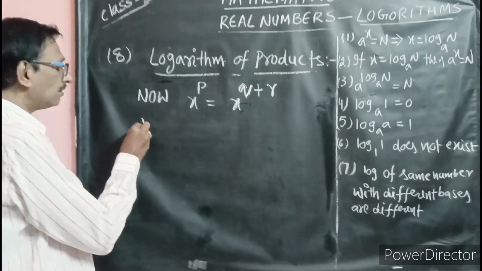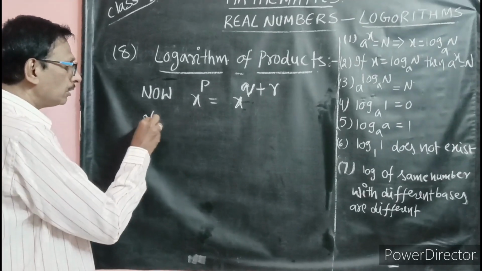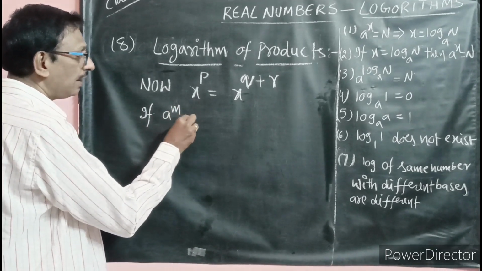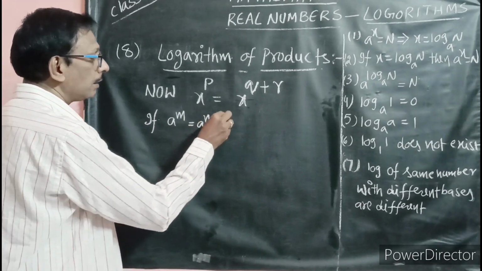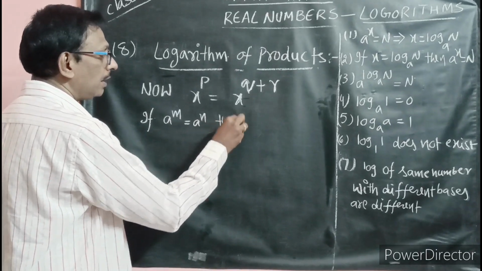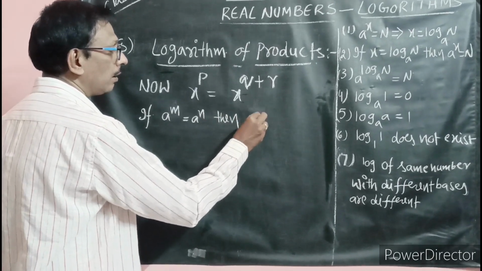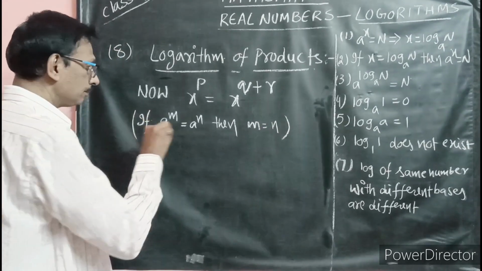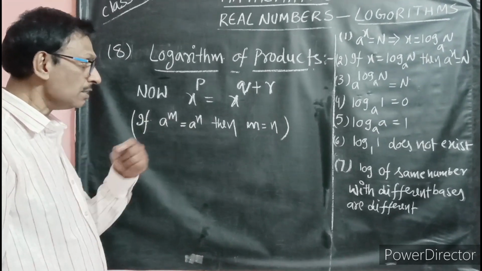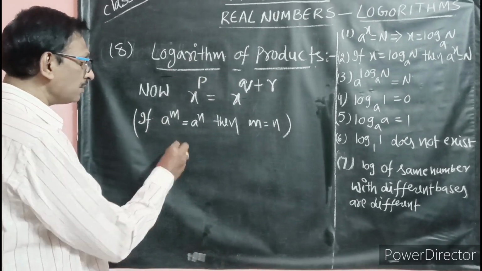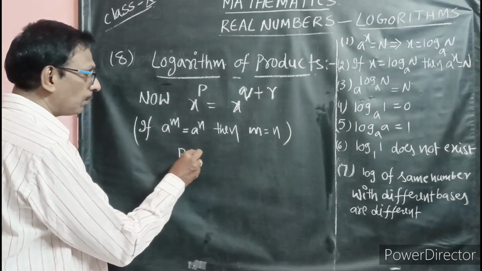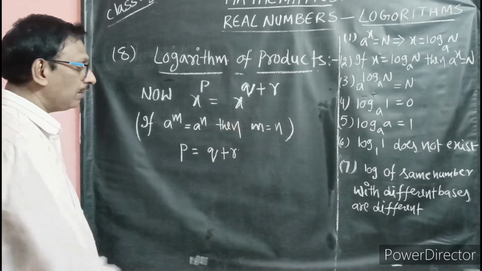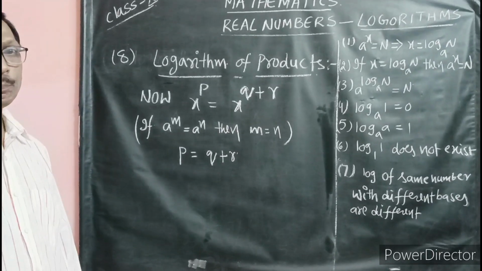In the laws of exponents, we know a condition: if a power m is equal to a power n, then m is equal to n. This is the condition in the exponents. By using this condition, we are equating the powers. Now p is equal to q plus r. Finally we get p is equal to q plus r.